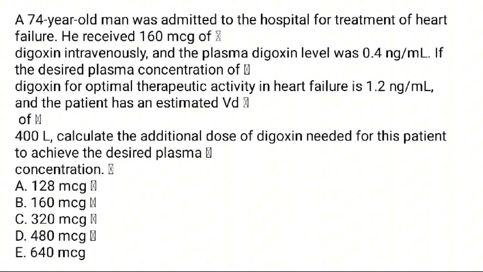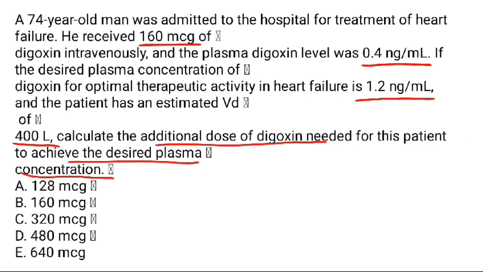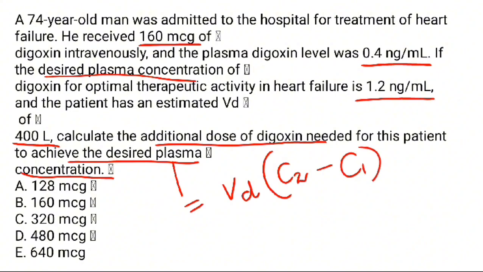Now you can see we need to calculate the desired dose. We have the formula: dose is achieved by Vd times (C2 minus C1), where C2 is the desired plasma concentration, and C1 is the initial plasma digoxin level.